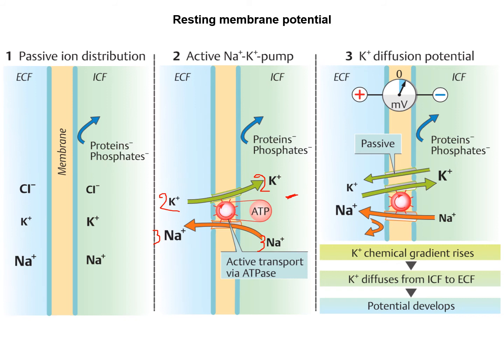And why? Because before we said everything was neutral, right? Except the proteins and the phosphates. So I had 1 sodium, 2 sodium, and 3 sodium, and they're all positive, right? I'm going to put them on the outside. They were balanced by a negative charge.